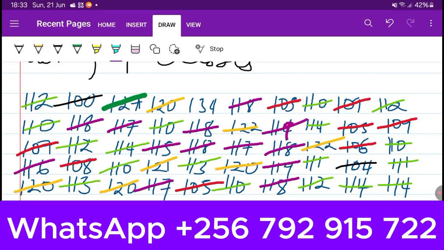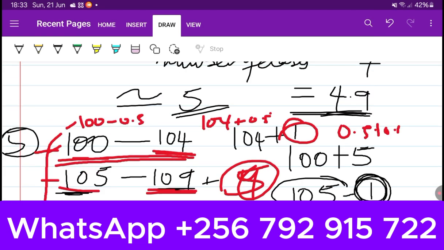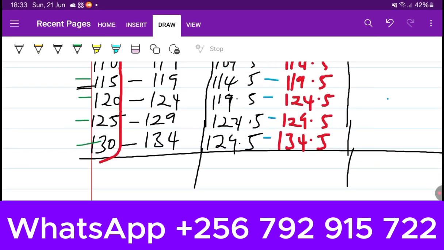Then the last one is 130 to 134. 134 is here. It's only one value because the rest are crossed. All of them are crossed. So we take these values to the table.